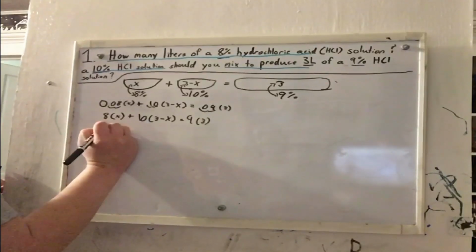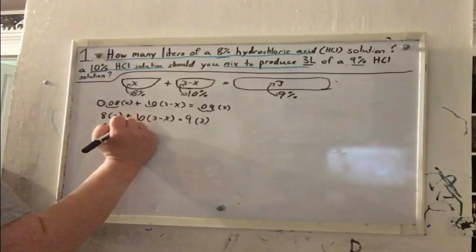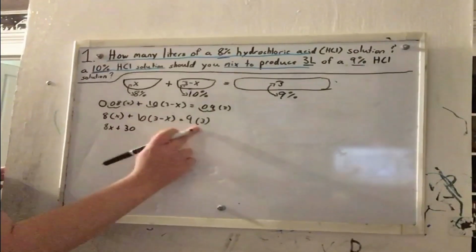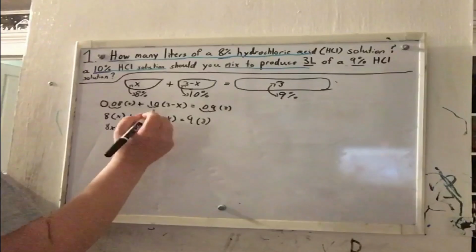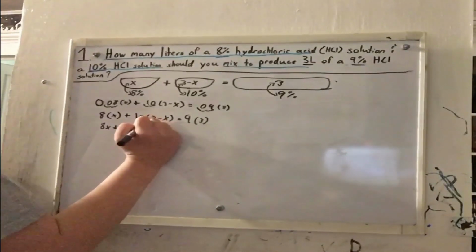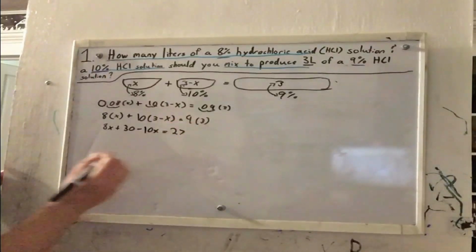Now we're going to multiply these: 8x plus 30 minus 10x equals 27.